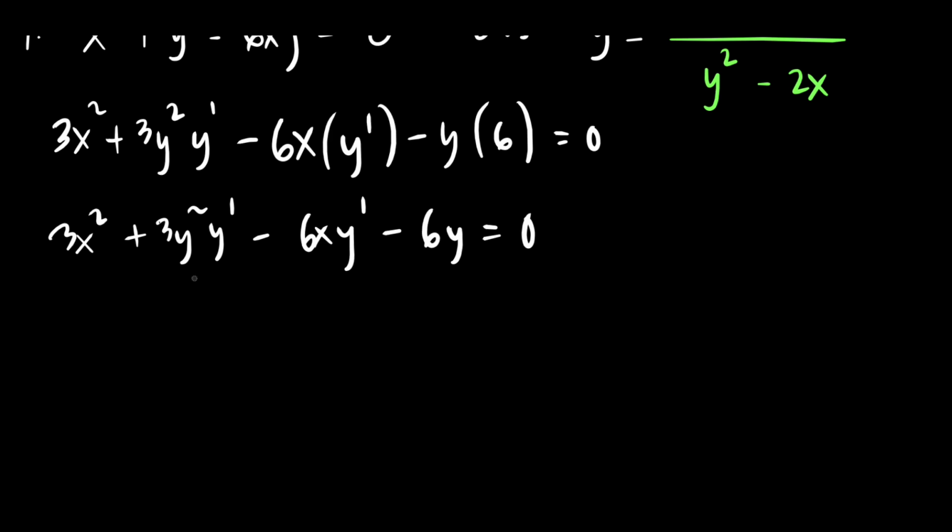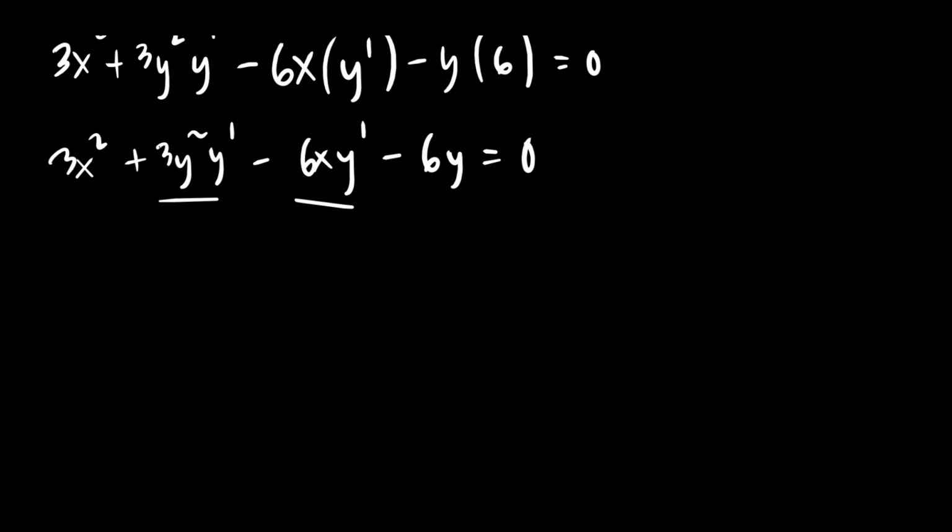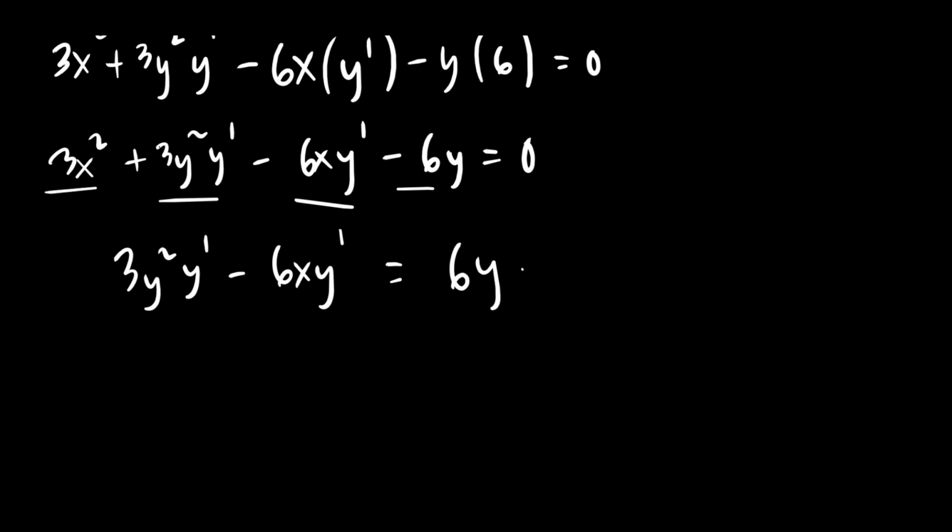So we'll combine the terms here and here because they contain y prime. So we have 3y squared y prime minus 6xy prime is just equal to, so we'll put this term and this term to the right side, 6y minus 3x squared.